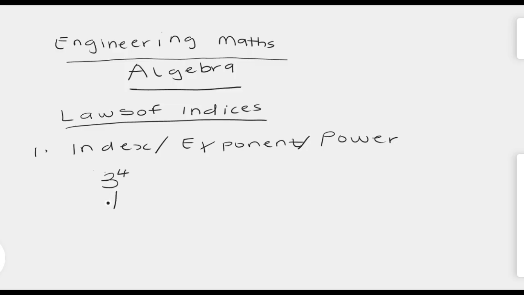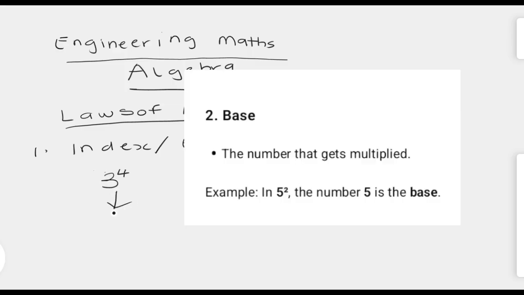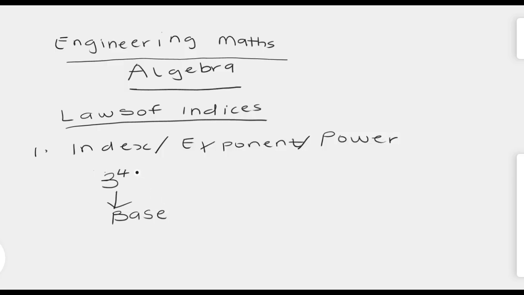So this is your base, and this is your index. So this small number tells you how many times the base will multiply itself.